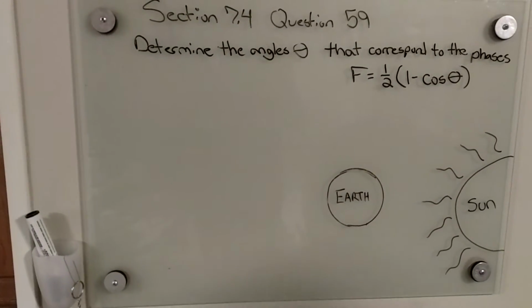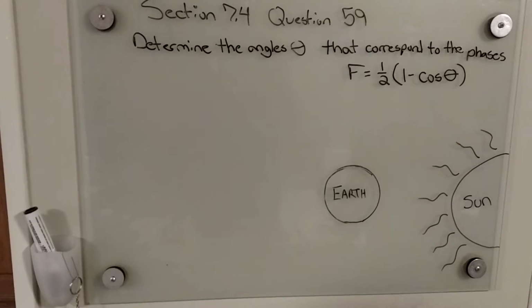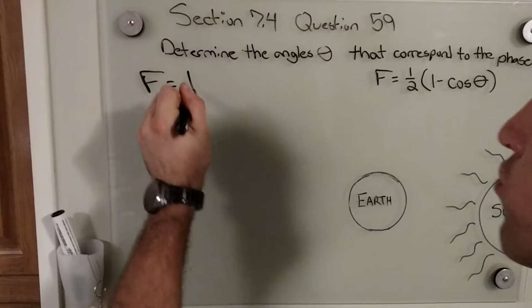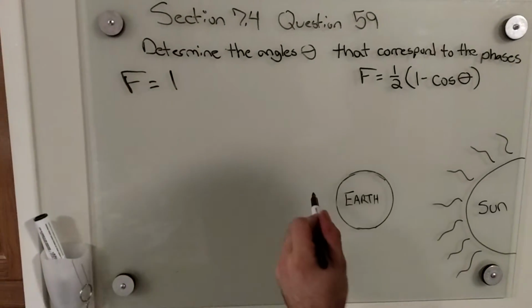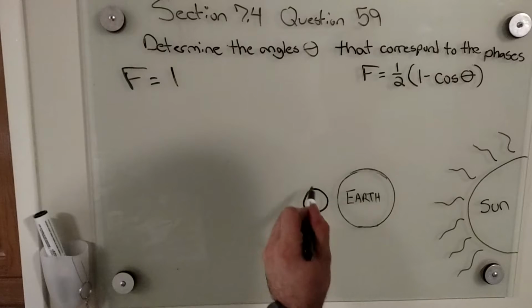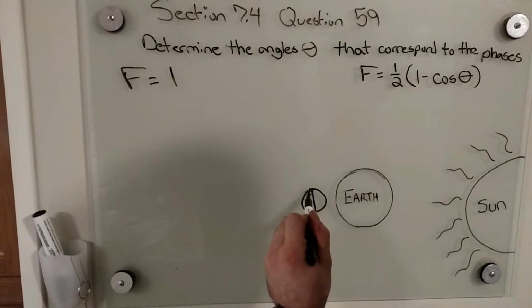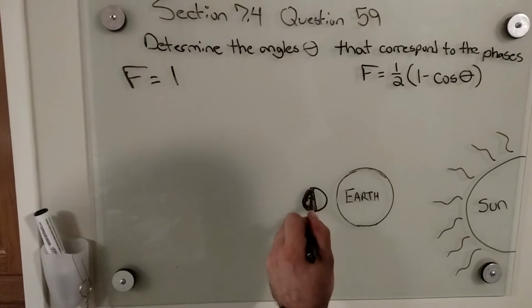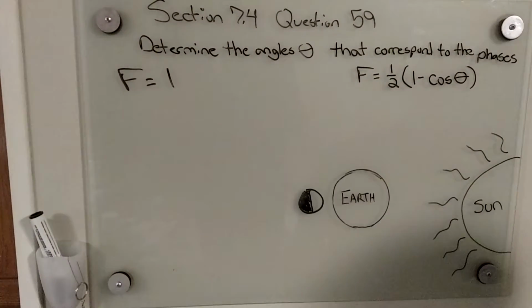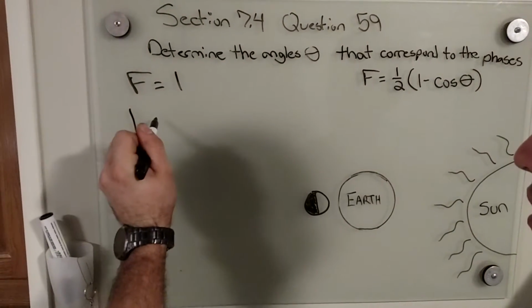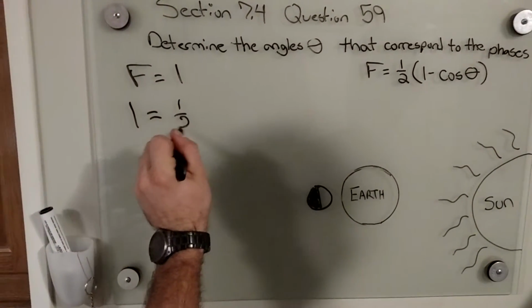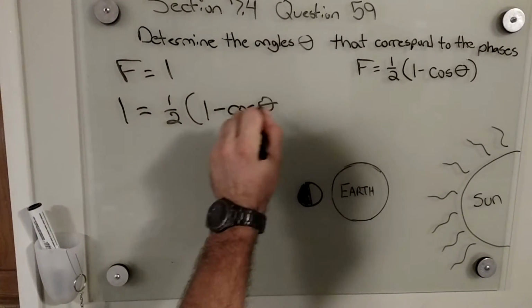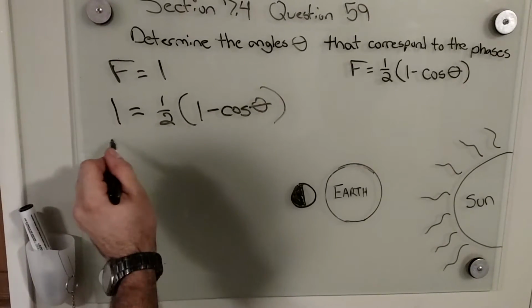And the last one they ask us to do is the full moon, where f is equal to 1. And the full moon would be when the moon's on this side of the Earth. I think I kind of drew a super moon there. Alright. And again, we'll work out this problem here. We got 1/2 times 1 minus cosine theta. Double both sides.